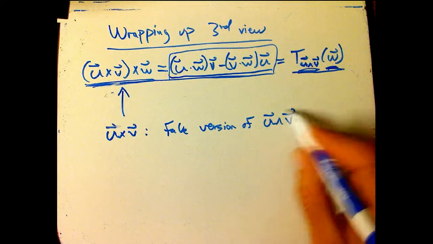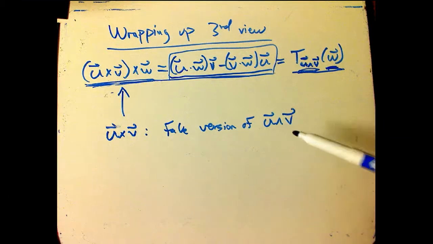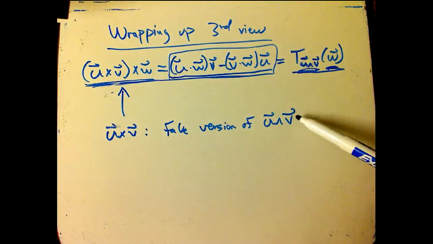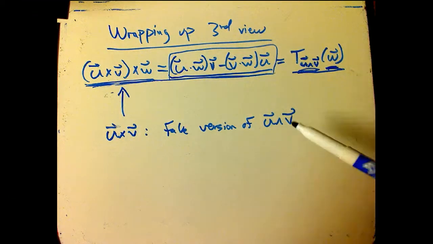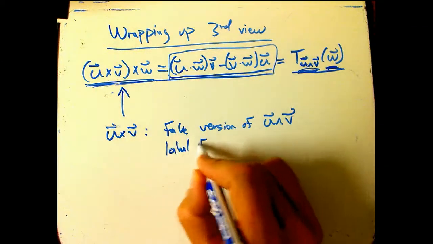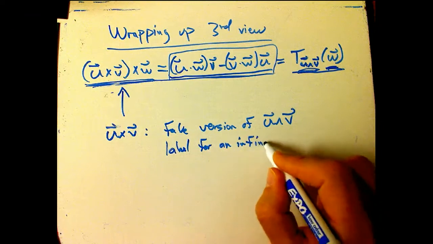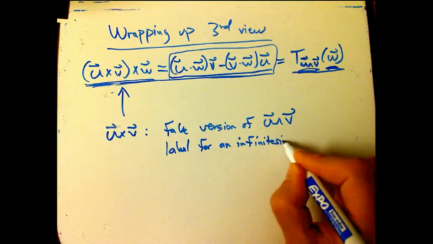We want something that's antisymmetric in u and v, but it's not really a vector. It doesn't behave in the same way in terms of dimensionality and in terms of orientation, things like that. And it's a label for an infinitesimal rotation.